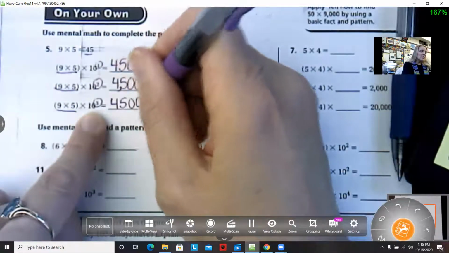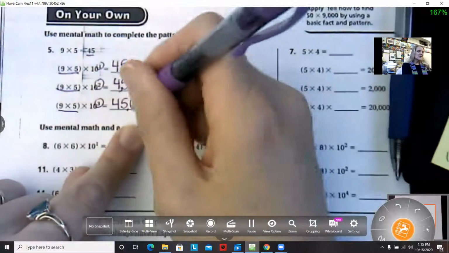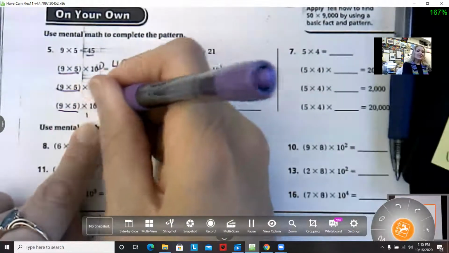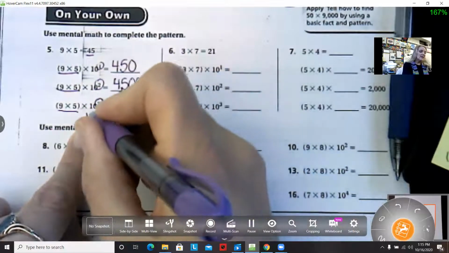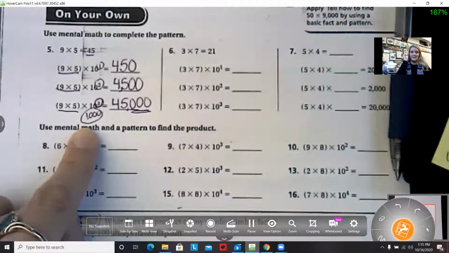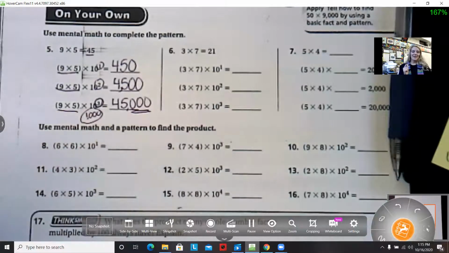So it's 45,000. We have those 3 zeros from that number 1,000 here. The 10 to the third power, remember, is just a 1, and that 3 tells you there's 3 zeros, so that's the number 1,000. 45 times 1,000, 45,000.